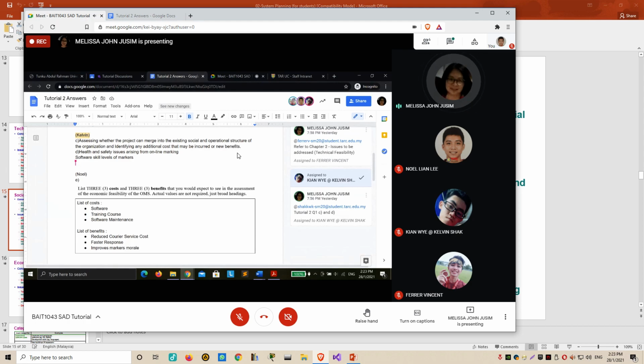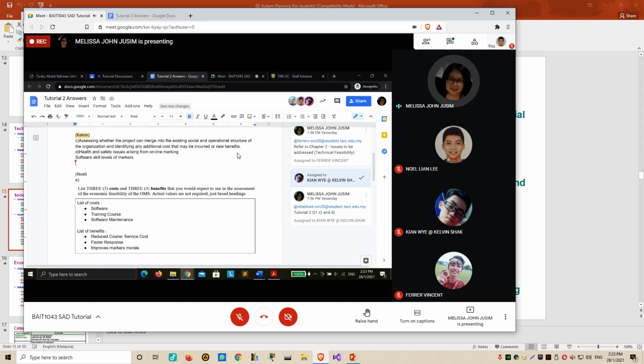Next, training cost. Yeah, we need the training cost for both examiners and markers. For markers, especially training cost for the markers. Perhaps we also need training costs for the staff at the head office, right?